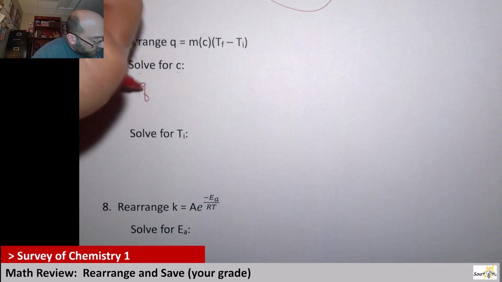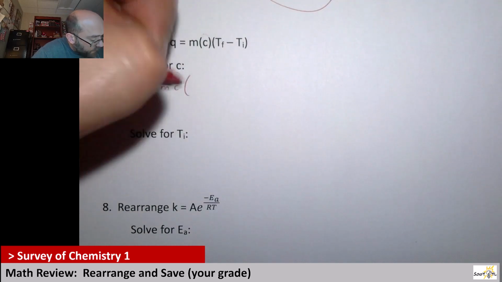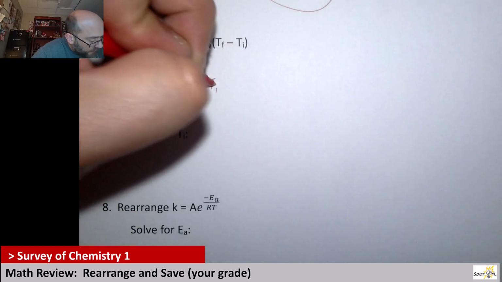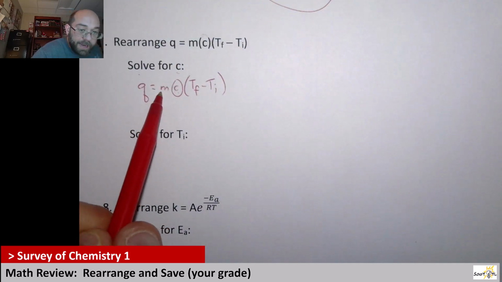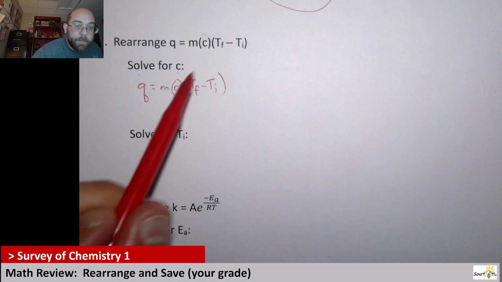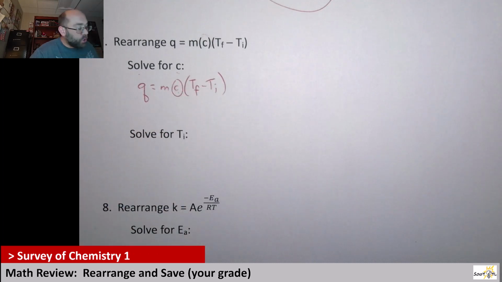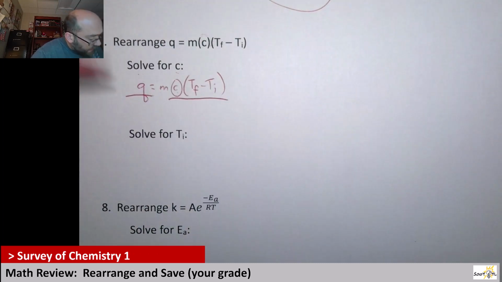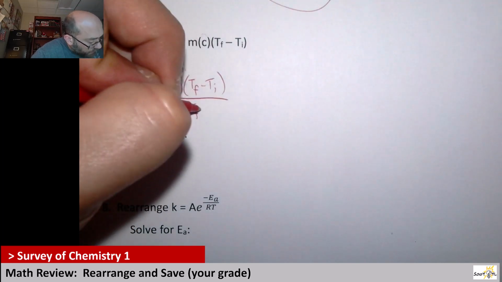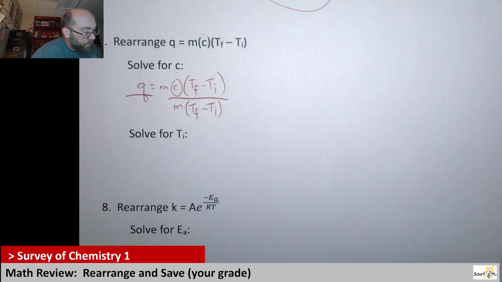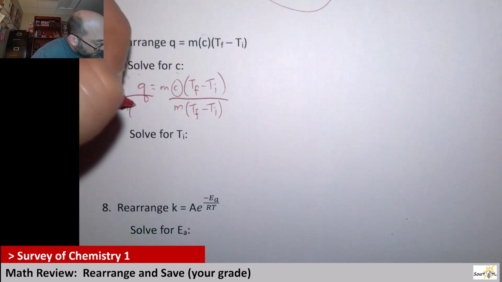When we look at Q is equal to MC, and then our TF minus TI, you just need to get C by itself. C is being multiplied by M, but it's also being multiplied by all of this in parentheses. So we can just divide both sides by the M, which is also being multiplied by the TF minus TI in parentheses. Do that to both sides.